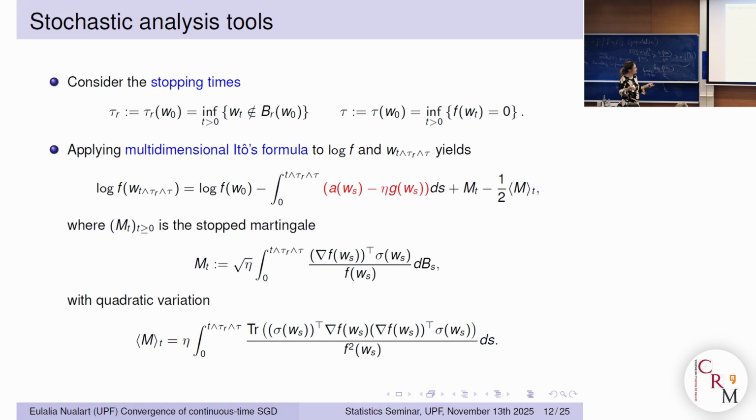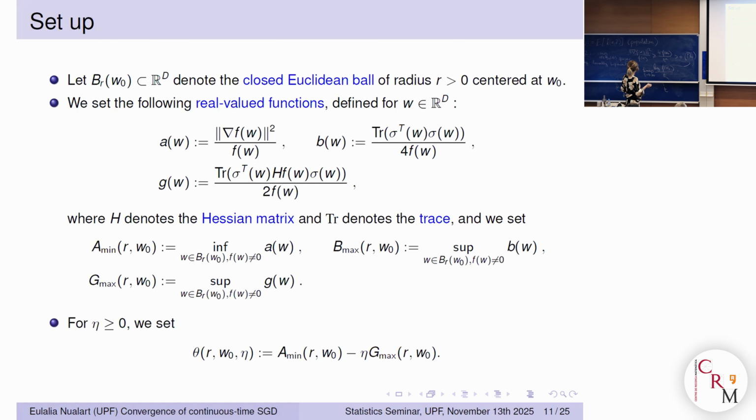W_t is an SDE, so we use Ito's formula in its multidimensional version. When you apply Ito's formula, you get A, which is exactly this Polyak-Łojasiewicz condition, gradient of f squared divided by f. But then there are two other objects that appear: the trace of sigma transpose sigma divided by f, and the trace of sigma transpose Hessian of f sigma divided by 2f.